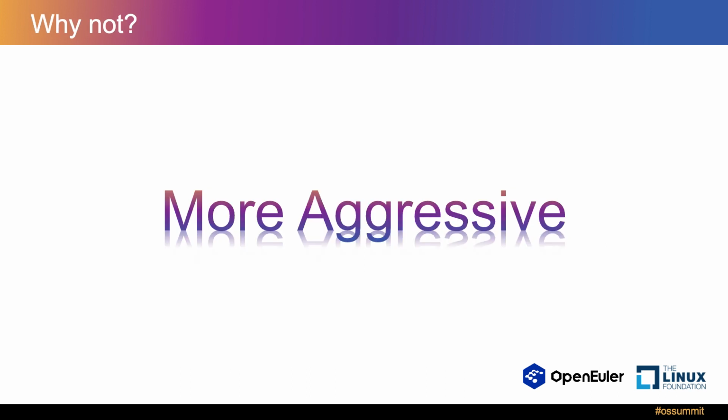From the above presented contents, you might already think that openEuler is aggressive in release, in kernel, and in innovation projects. And we have introduced the idea of kernel as a service. With those fundamental abilities, we are thinking about why not become more aggressive.